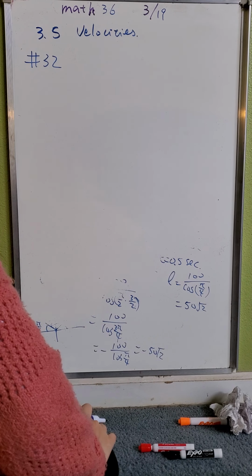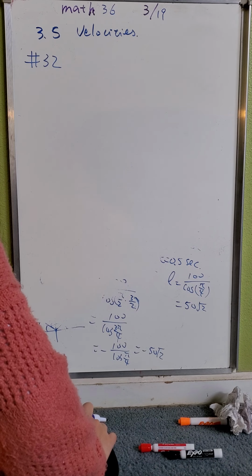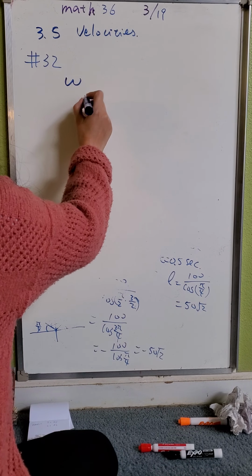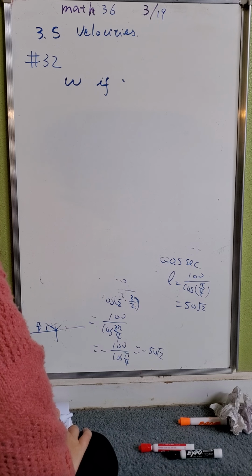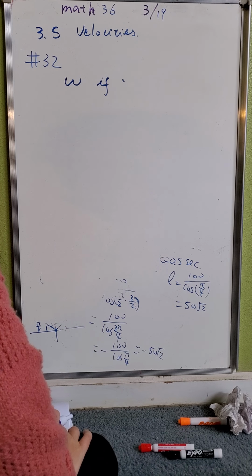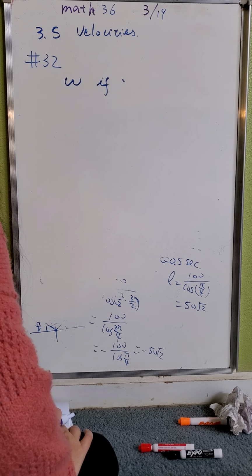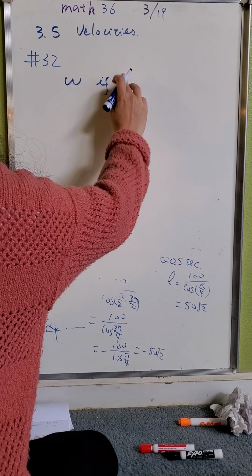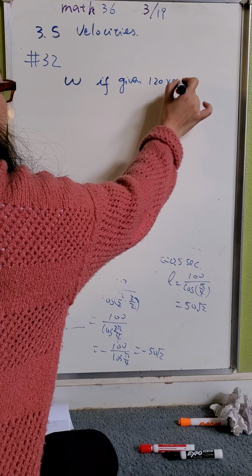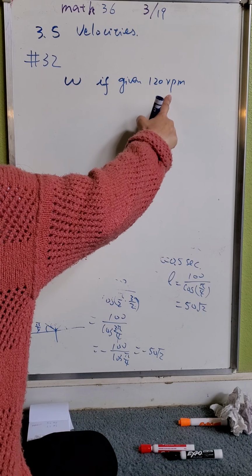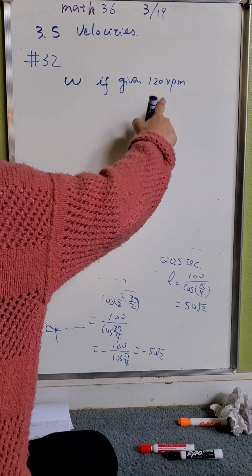They said that they want to see how to find the angular velocity, find omega, if you're given 120 RPM. RPM stands for revolution per minute, okay?